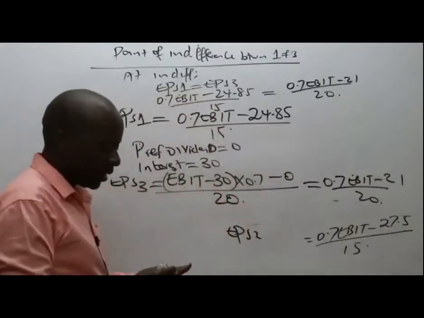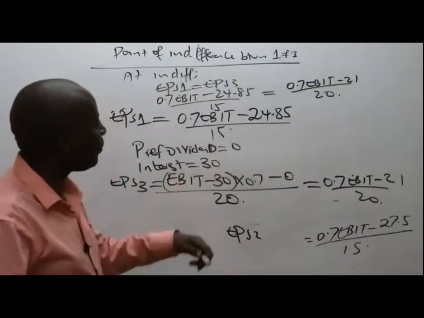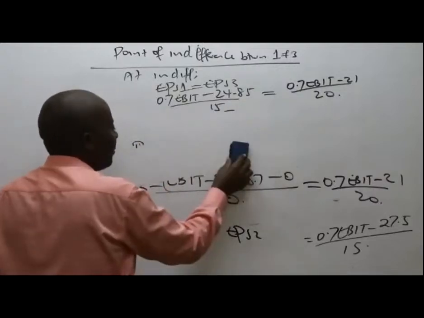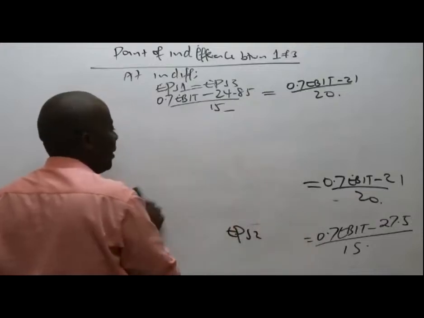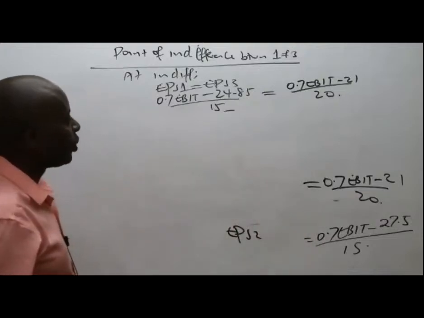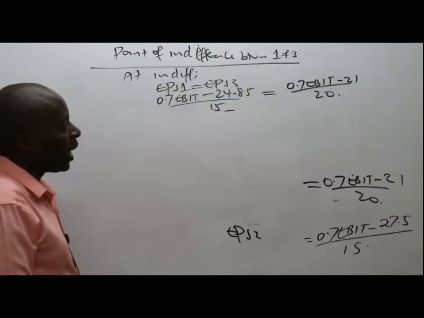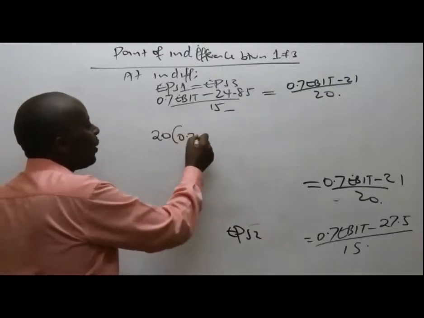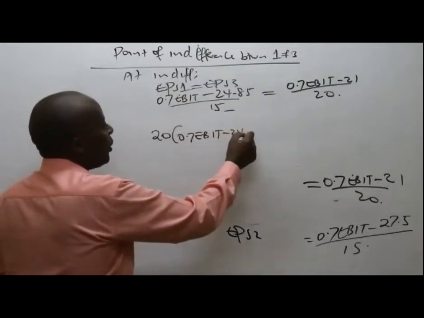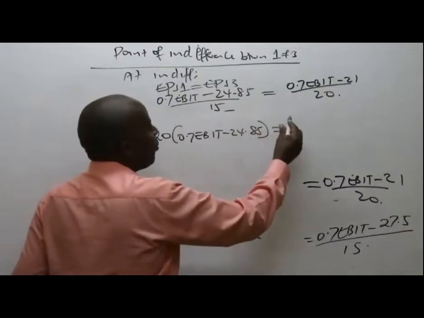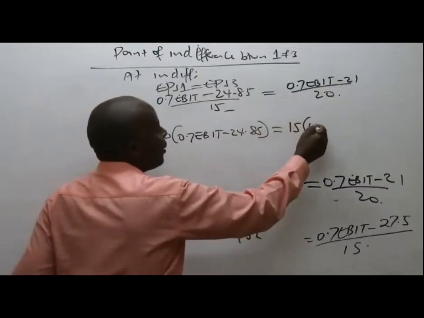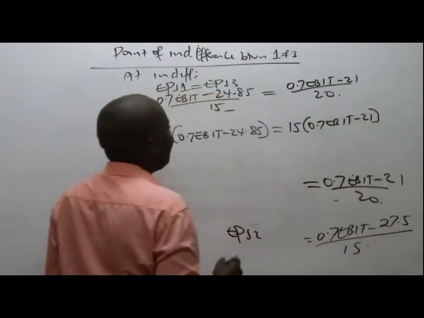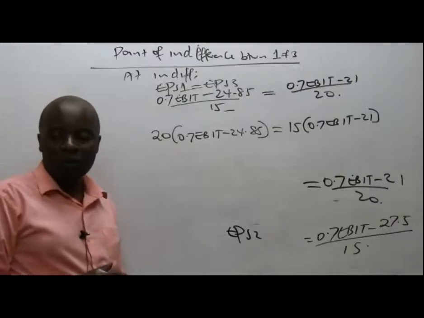So our work basically will be to make EBIT the subject of the formula. So what shall we do? We shall cross multiply. This will be 20 into 0.7 EBIT minus 24.85 equals 15 into 0.7 EBIT minus 21. You have got two ways here.